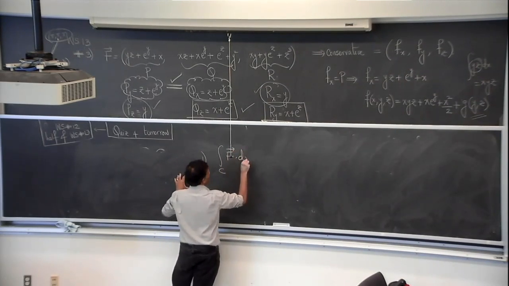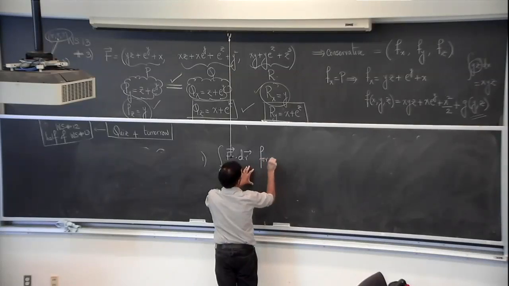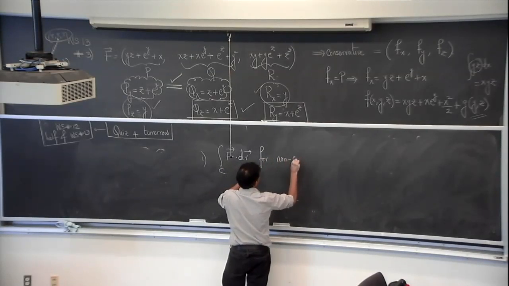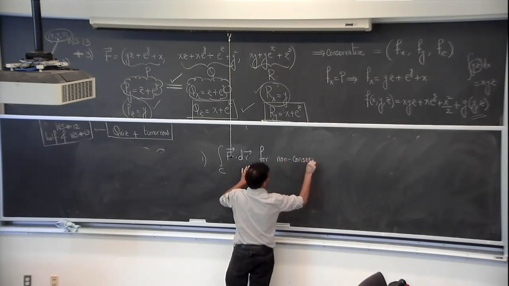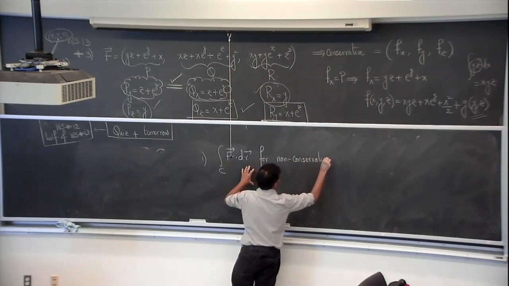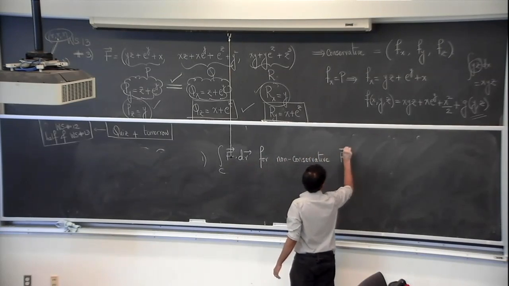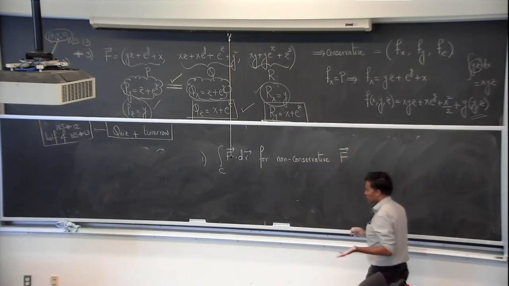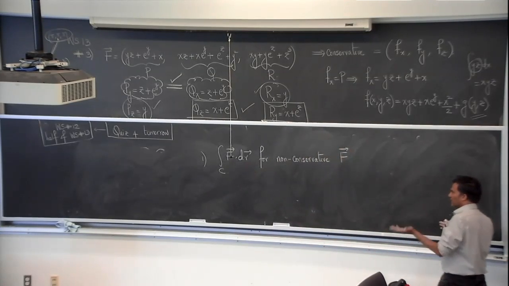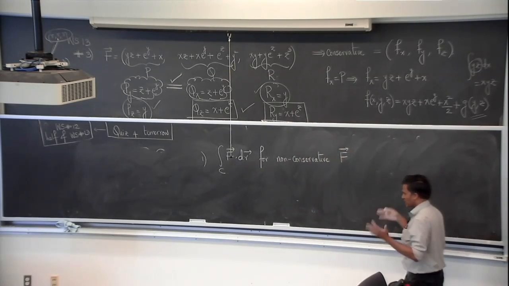for a non-conservative vector field is what you saw in section 4.2. Take any random vector field. If you want to do that, you have to sit down and do the integration.